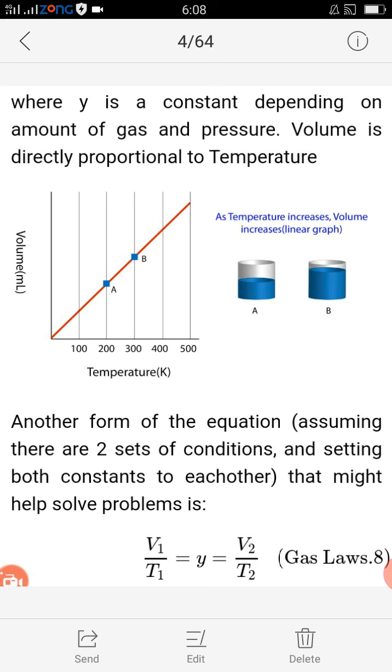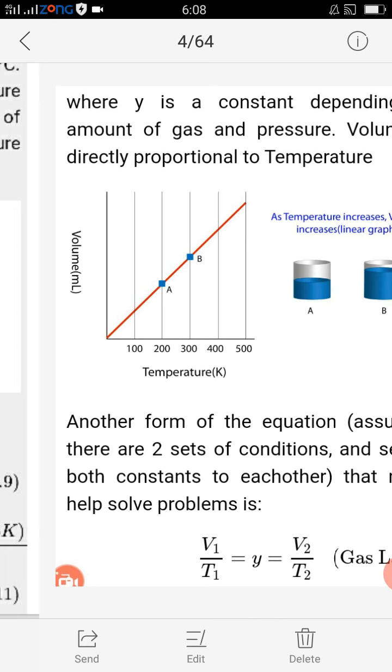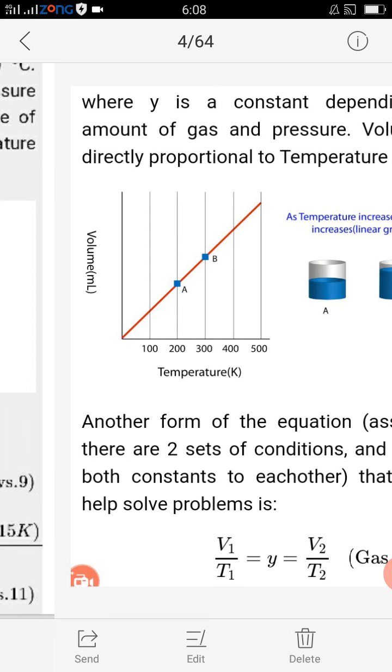Now consider Charles' law graphically. As you can observe, the graph has a red line. The red line shows the relationship between the volume and temperature. It rises from bottom to top.